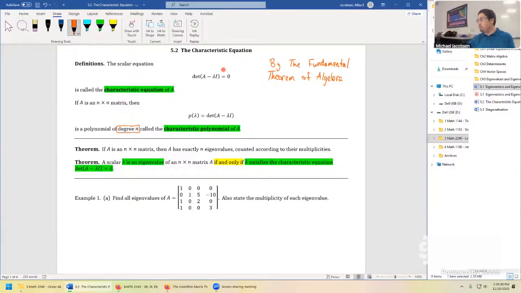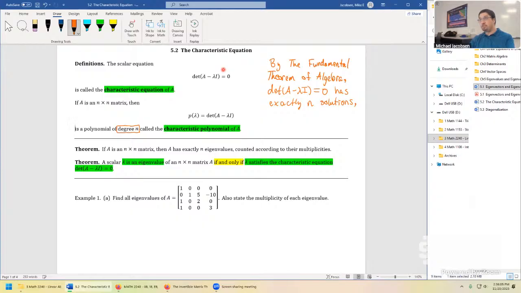Because we have a degree n polynomial, determinant of A minus lambda I equals 0 has exactly n solutions. You have to be specific with what you mean when you say n solutions. They might not all be distinct, so these would be repeated according to their multiplicities.